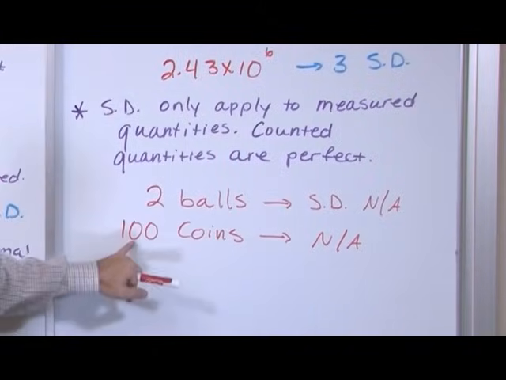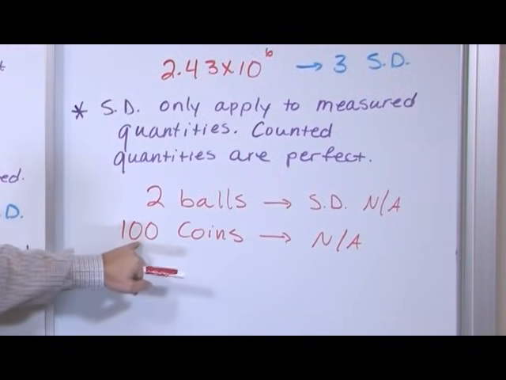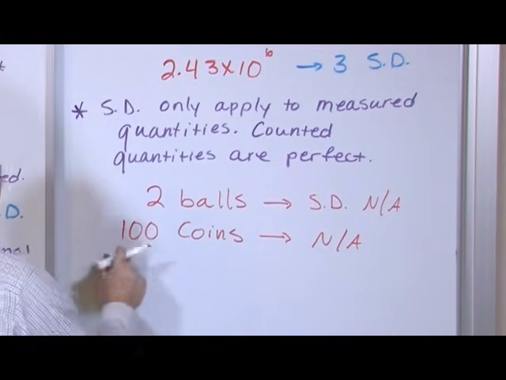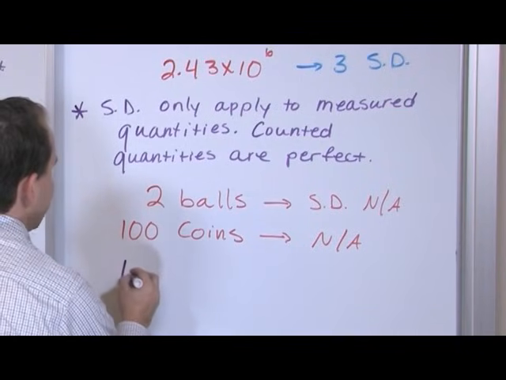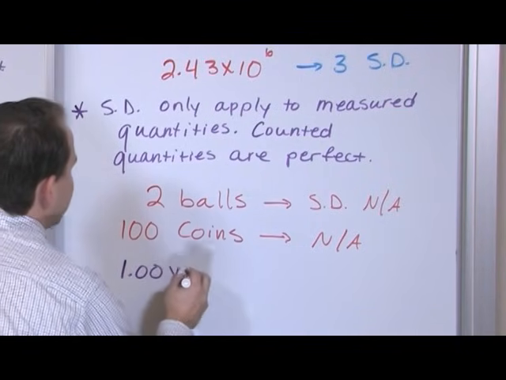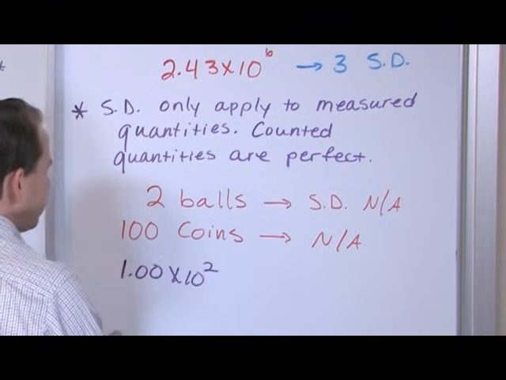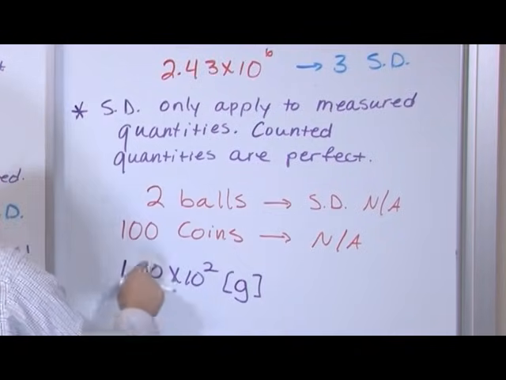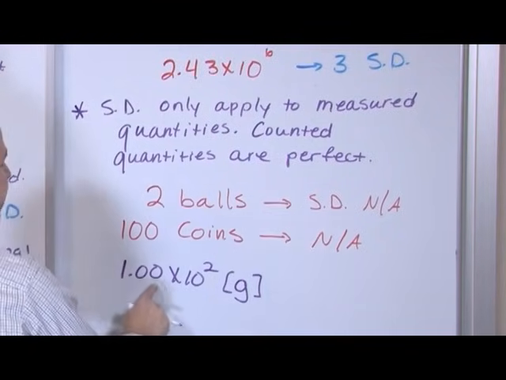So when you have 100 like this with zeros like that, it gets a little bit ambiguous. So to remove any ambiguity in your answer, sometimes it might be better to represent this in scientific notation, maybe 1.00 times 10 to the 2, if I were talking about grams of something, right? Because if I do that, then going by the rule above, this has 3 significant figures.